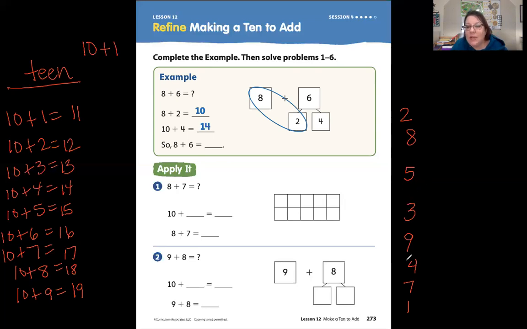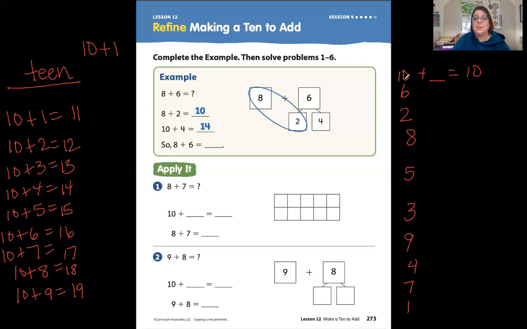I have 3, 4, 5. I'm going to do 6 right here, and I'm going to do 10 at the top. You guys ready? These are mixed up 10s. I wonder if you can do it.